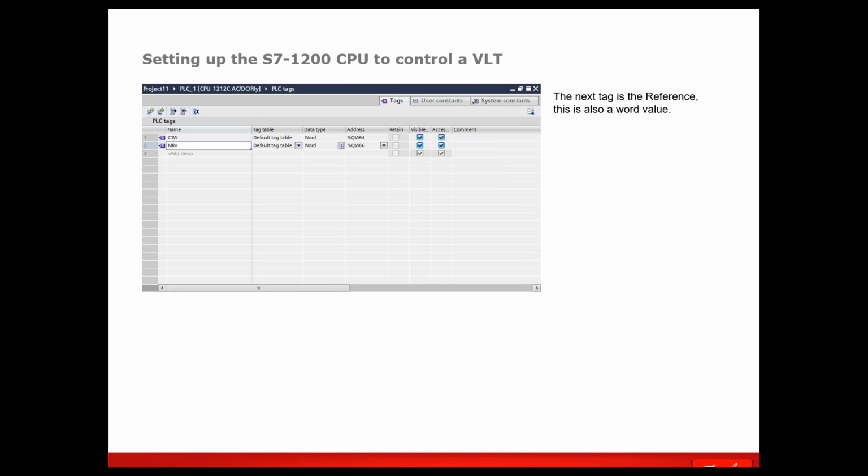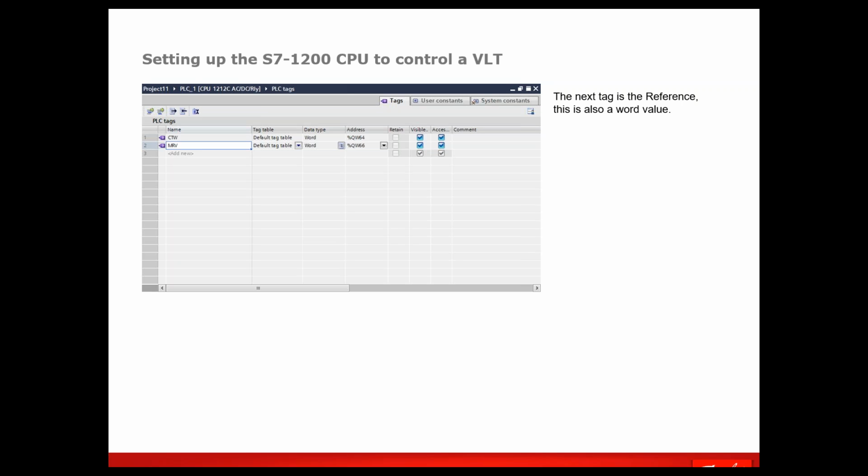We'll also do the same for the main reference value, MRV, and it's the next one, same thing, so it's going to be a Q66. These Q addresses are in bytes, 8 bits, so that's why there's a skip of 2. 64 is the beginning address that was assigned to the drive.